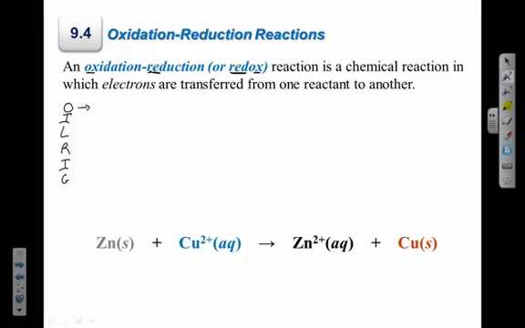This mnemonic stands for oxidation is a loss of electrons, and the other part stands for reduction is a gain of electrons. So that's one way you can remember it from the point of view of what's happening with the electrons. That's perfectly reasonable. So when two substances come together, if it is a redox reaction, the one substance should be picking up electrons from the other. So the one that grabs the electrons, the one that gains the electrons, is the one that's being reduced.